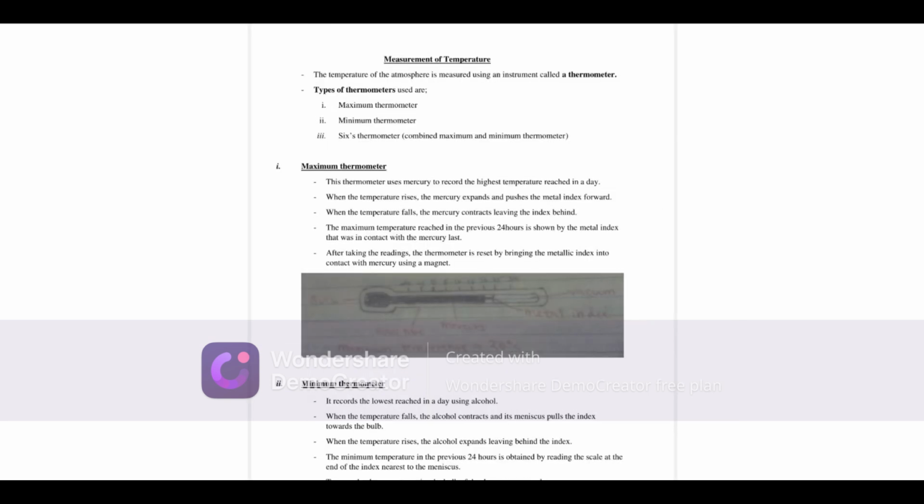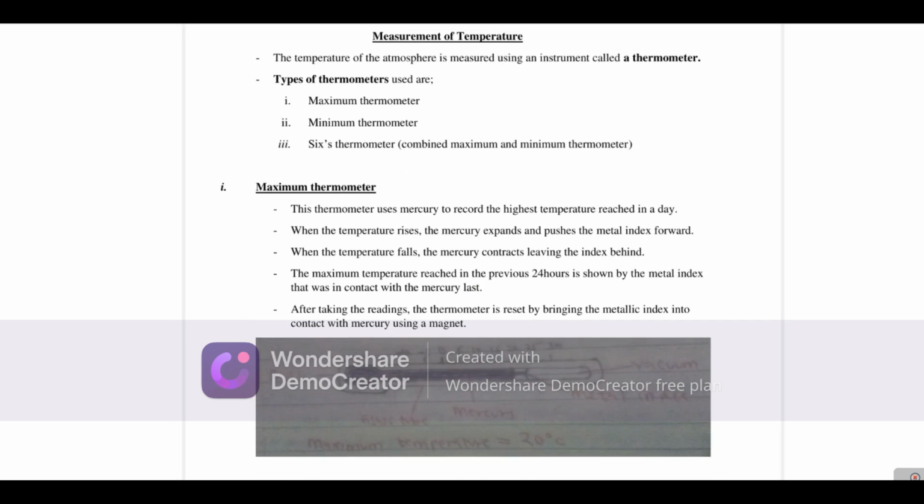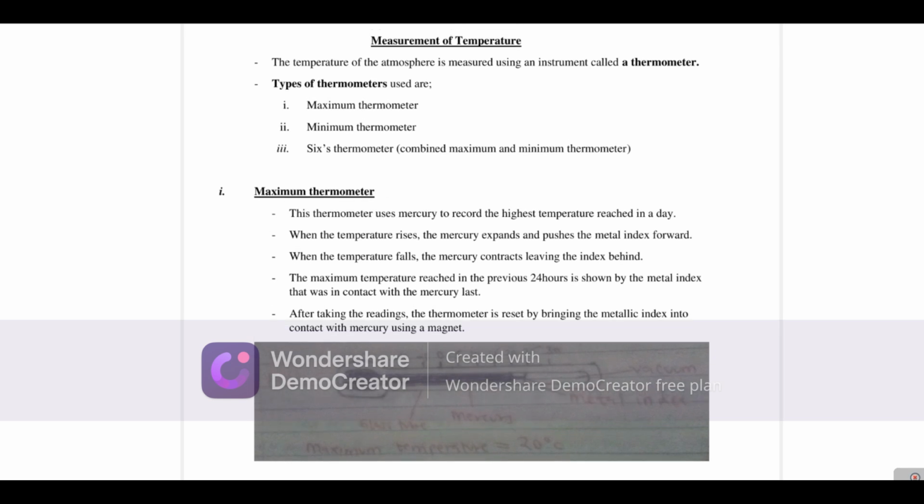We want now to look at the measurement of temperature, how we can measure temperature. Let me zoom this so that we'll be able to see clearly. When we are measuring temperature, we are going to use a special instrument called a thermometer.